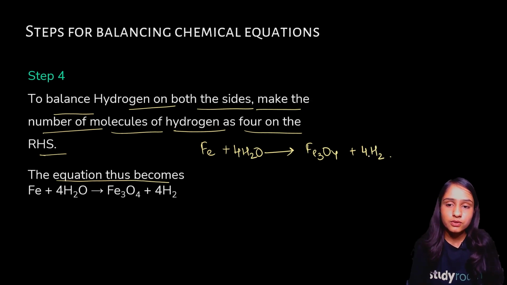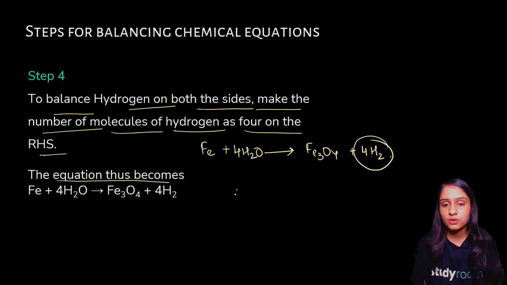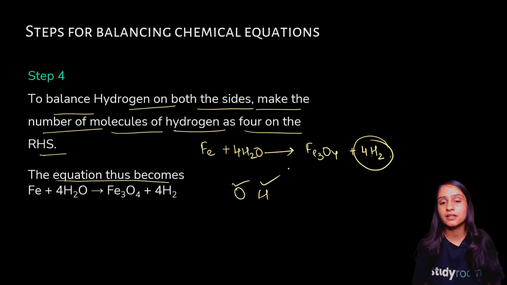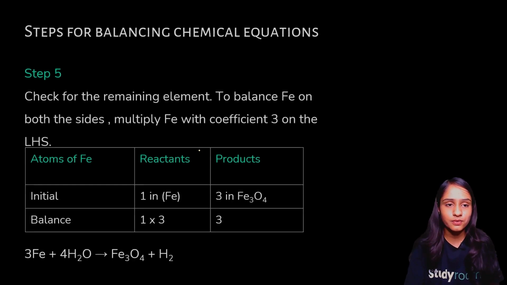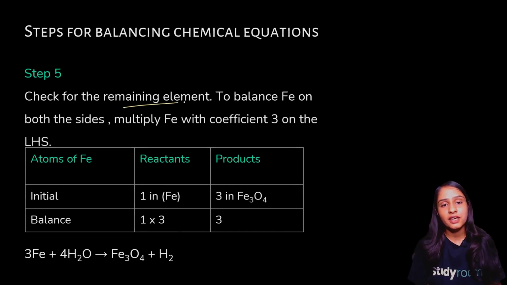Okay, so you will do this. So the oxygen and hydrogen are balanced. Now what got left? Iron. Check the number of the remaining element. This is the only thing left in this chemical equation.